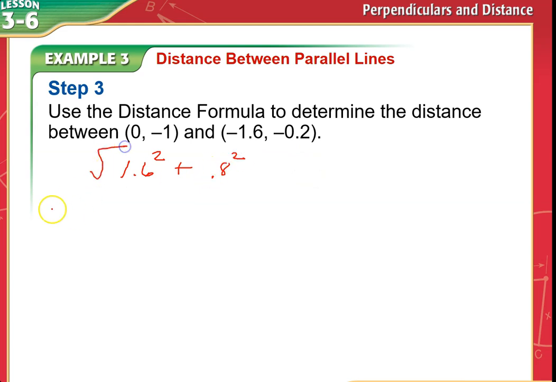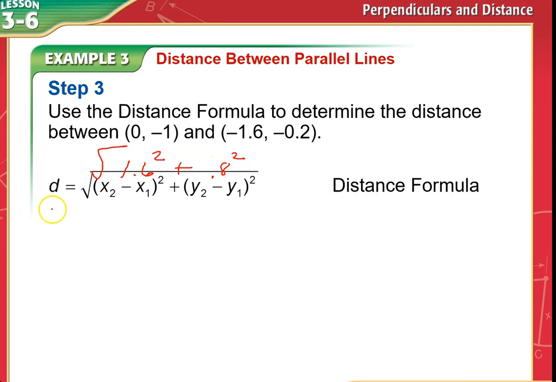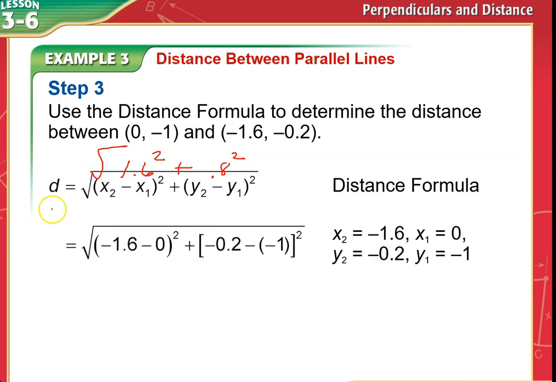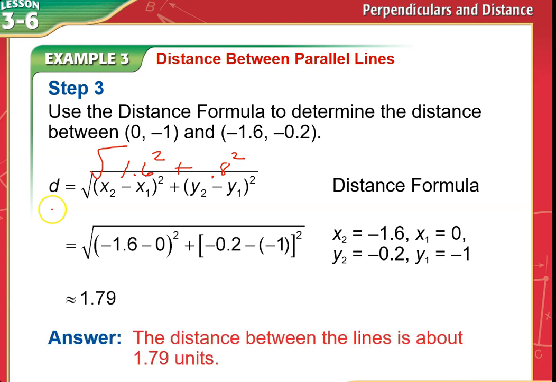And then we're going to take the square root of the whole thing. So we use our distance formula, and there it is. And we end up with 1.79. So the distance between the lines is about 1.79 units.